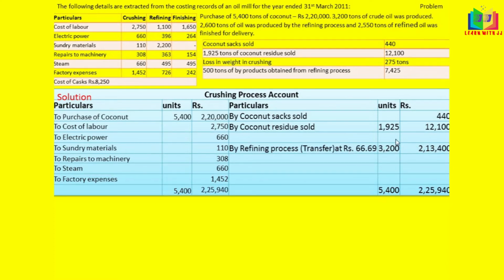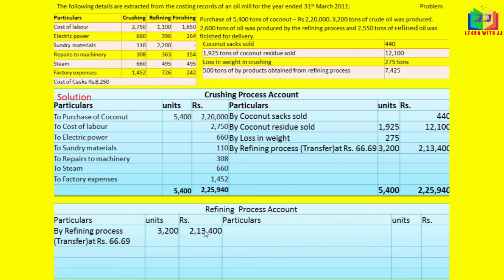The unit lost in weight is 275, as given in the problem: loss in weight in crushing is 275. The cost price per unit transferred to the refining process is 2,13,400 divided by 3,200, which is 66.69, and this is transferred to the refining process.